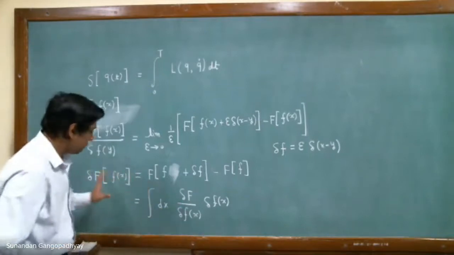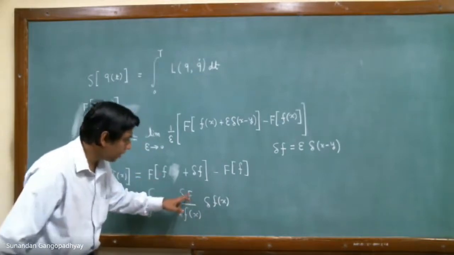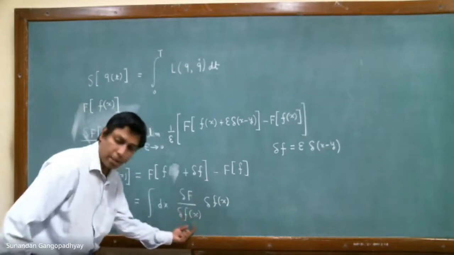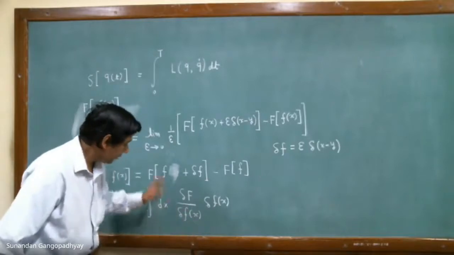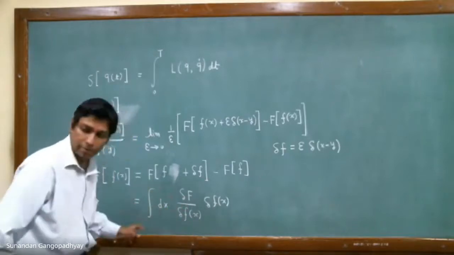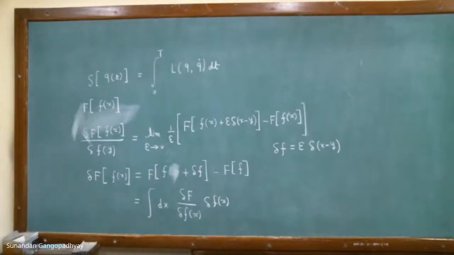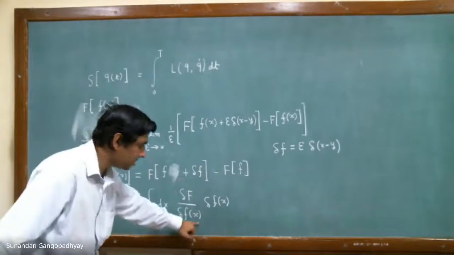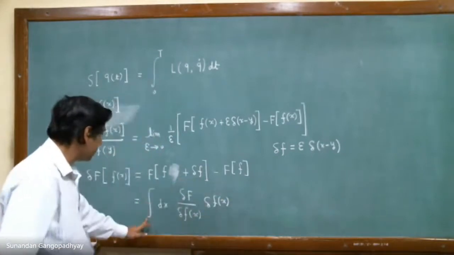What this step means is that you compute the functional change of this functional with respect to this function at the point x, and then you integrate it over all x. That will give you the total change in the function. So that is why you have an integral over here. You compute it at each point, and then you integrate this over dx.